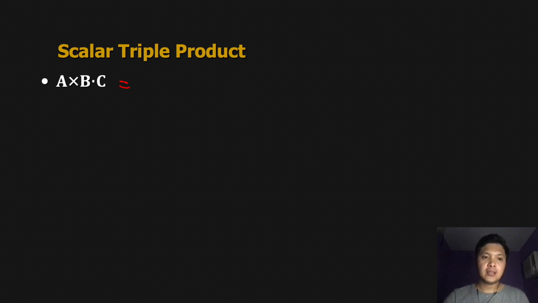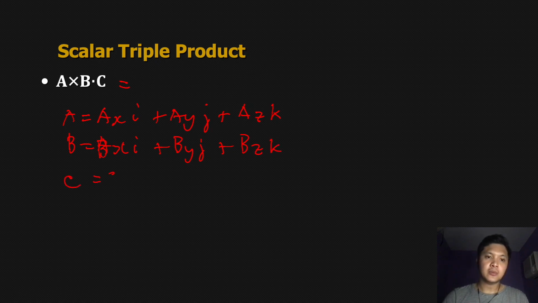So if A is equal to AX i plus AY j plus AZ k, while B is equal to BX i plus BY j plus BZ k, while C is equal to CX i plus CY j plus CZ k.